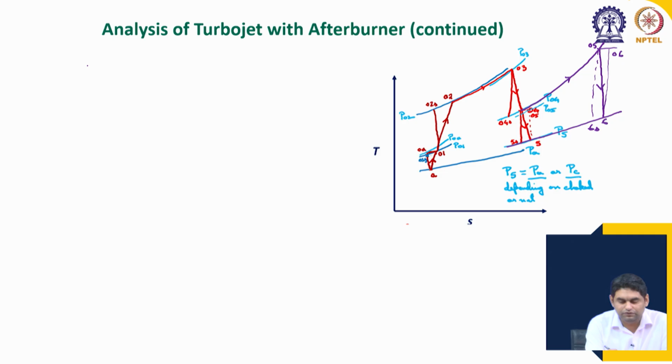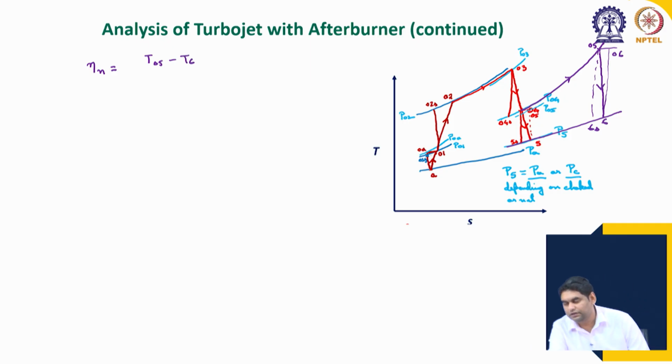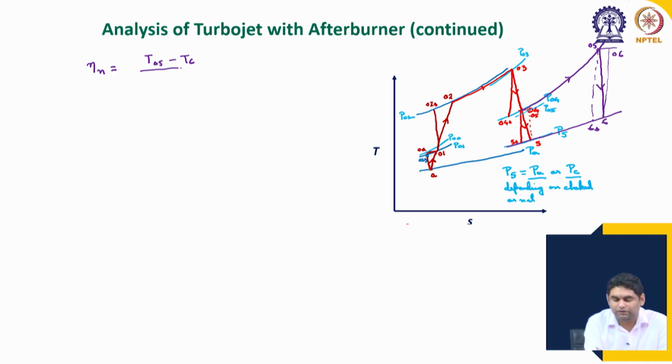For this we will use the nozzle efficiency, assuming the same nozzle efficiency. So, eta n equals the actual change in enthalpy, T05 minus T6, divided by the ideal change in enthalpy, T05 minus T6s. We have cancelled the Cp, so we are writing in terms of temperature.